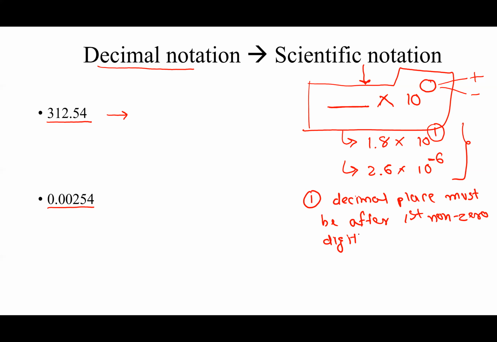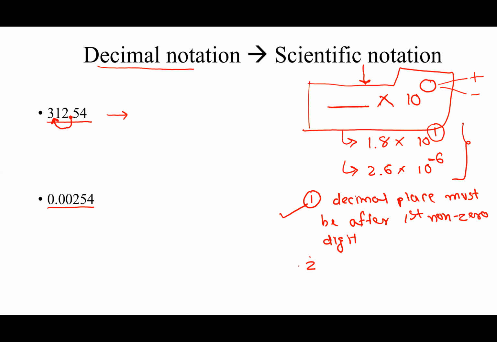It means you have to move the decimal point wherever it is to after the first non-zero digit, right? If the number says 312.54, it means you have to move your decimal point from between 2 and 5 to between 3 and 1, right? That is the rule. So remember the rule. All right. Decimal place must be after the first non-zero digit. All right. That's what you have to do.